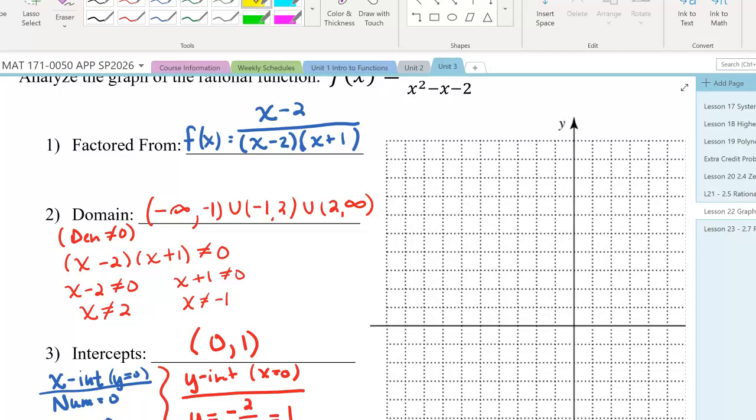So if we look up here, we notice that we have x minus 2 in the top and the bottom. Because we have this common factor in the top and the bottom, that means there will be a hole in this graph instead of a vertical asymptote.